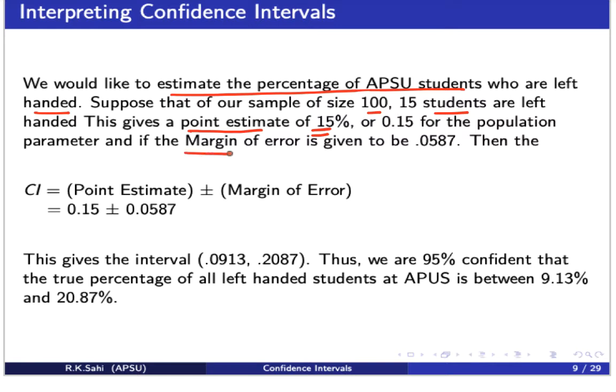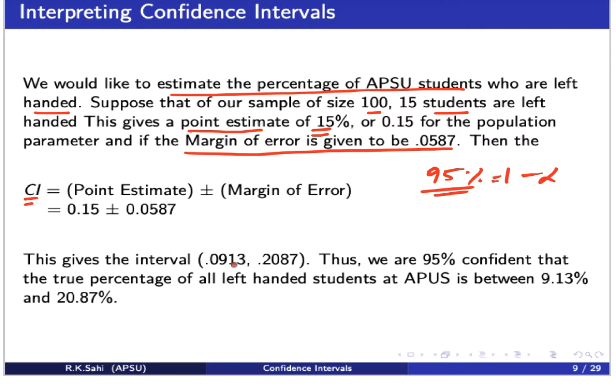And suppose the margin of error, which we found there, was 0.0587. So what's the confidence interval? It's the point estimate plus minus the margin of error. And we're using a confidence level of 95%, so that's my confidence level, 1 minus alpha.